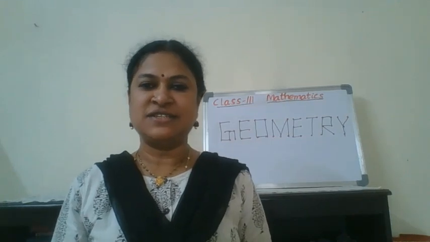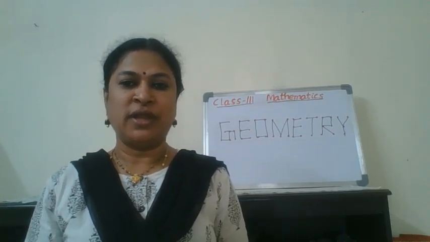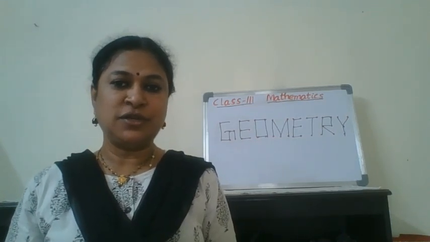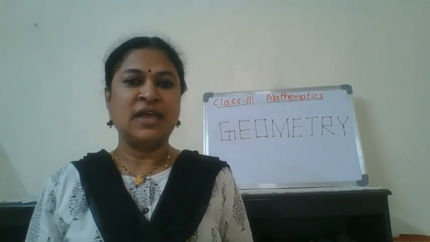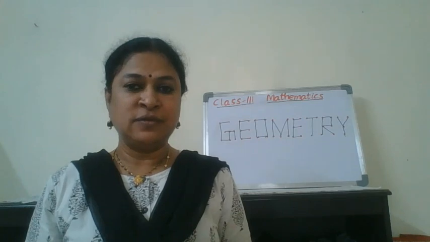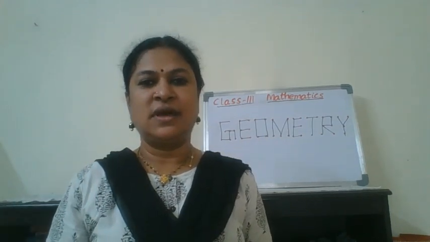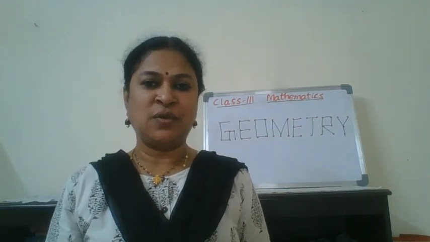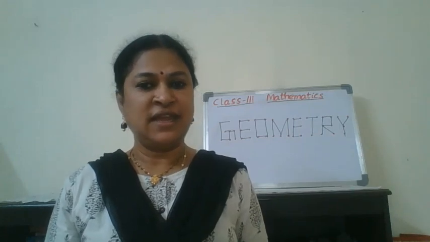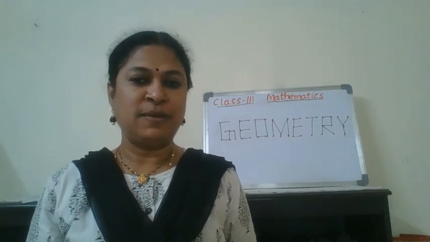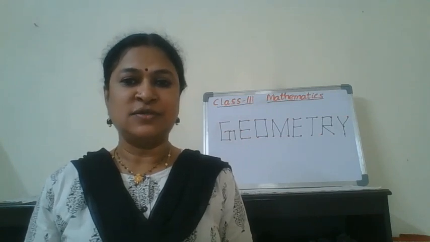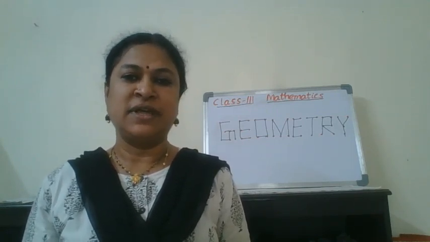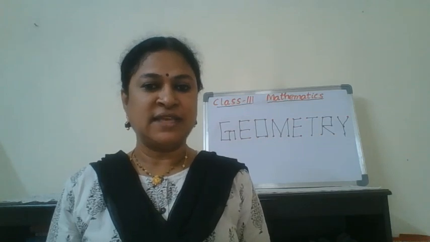Children, in this session, you have learnt about the point. A point is nothing but a dot which you mark with your pencil, and it is named with a capital letter, and it gives us a definite position. A straight line has two arrowheads on either side, and it can be extended from both sides, and it doesn't have any end, so it cannot be measured. Then comes the line segment.